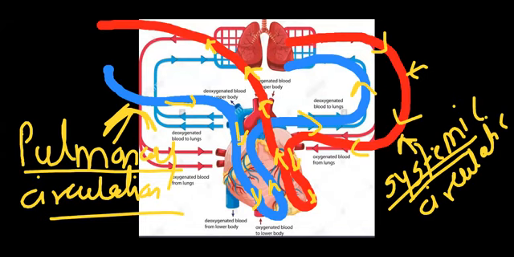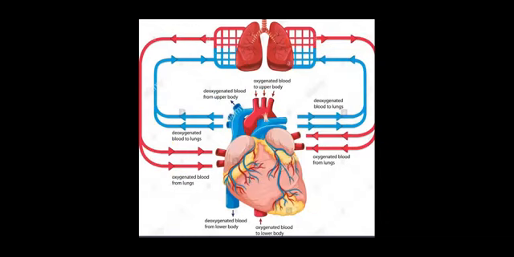And second in systemic circulation, where the oxygenated blood from lungs goes to the heart, and from heart the blood goes to the other body part. So this is systemic circulation. Okay, so in this way you can define double circulation.